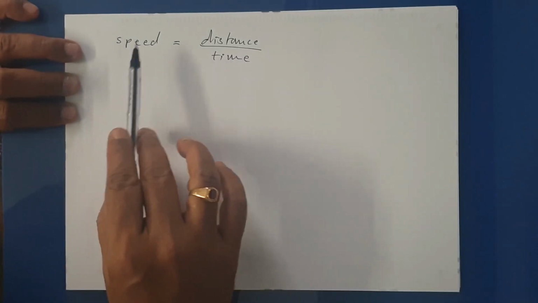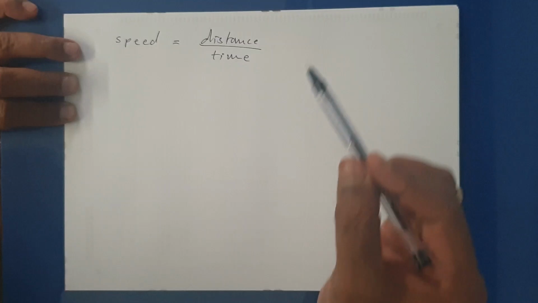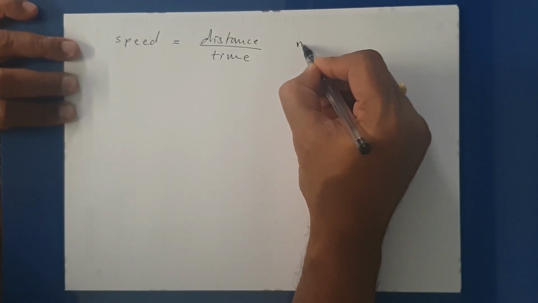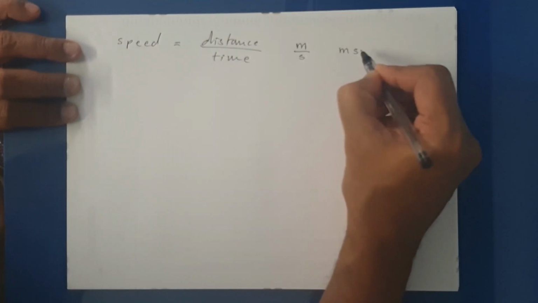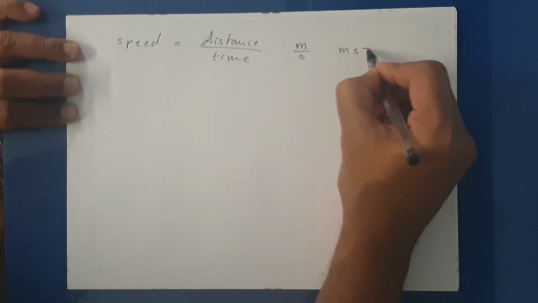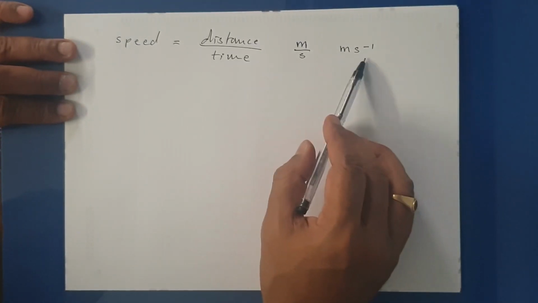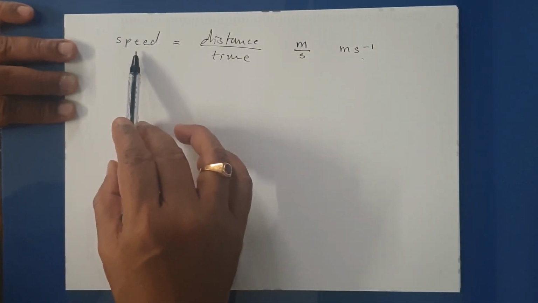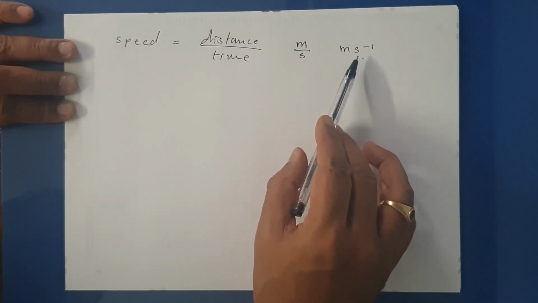So speed is derived from length and time, and the unit of speed will be the unit of length upon the unit of time, that is meter per second. Speed is a derived physical quantity and the unit of speed, meter per second, is a derived unit.